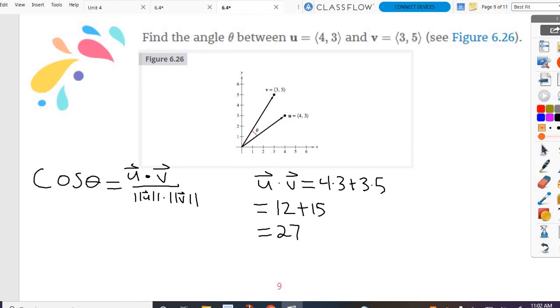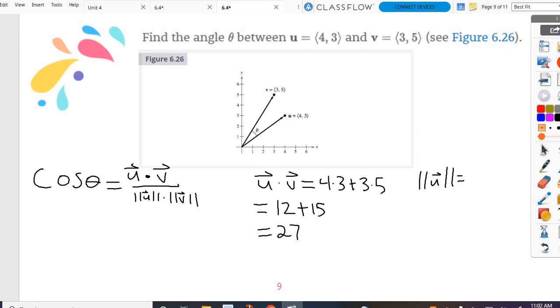Now, remind me, when I have things in component form, how do I find our magnitude? Remember, our magnitude is just the length of our vector, which we can find using our distance formula.